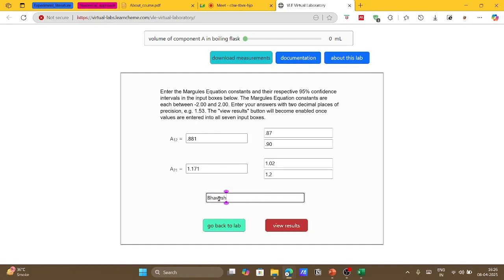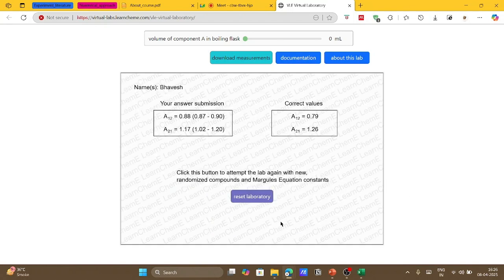Okay, so you can see here we have got some close results. So the correct value on which the experiment was designed is 0.79 for A12, while we have got 0.88, while A21 is 1.26 and we have got 1.77.